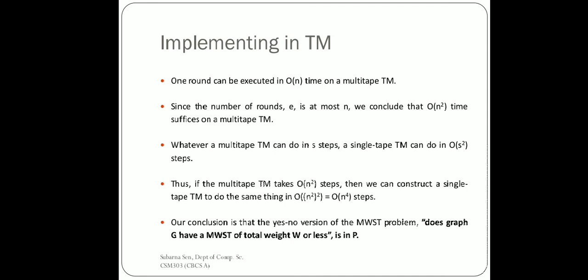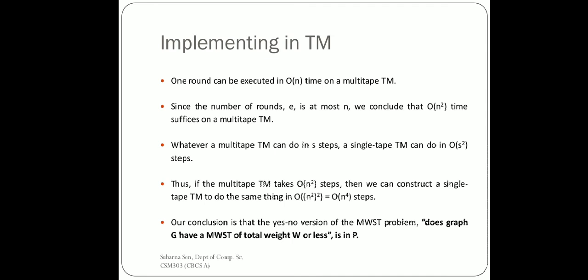But we know that whenever we simulate a multi-tape Turing machine using a single tape Turing machine, the time consumption does not just double, it gets squared. We have to conclude one more thing: we have shown that the Kruskal algorithm implementation in an algorithmic or programming approach took order of n squared, and the same we have seen with a multi-tape Turing machine, it can be done in order of n squared.